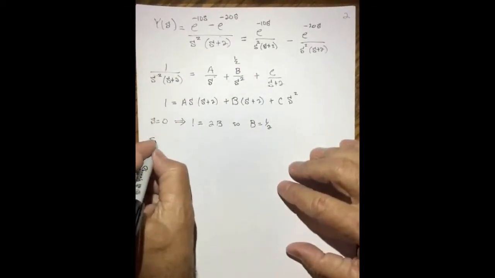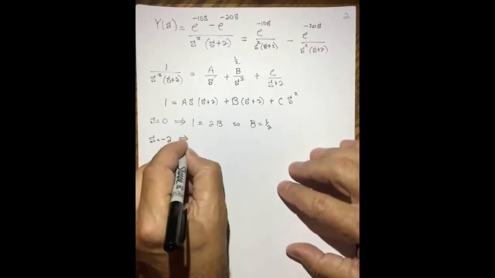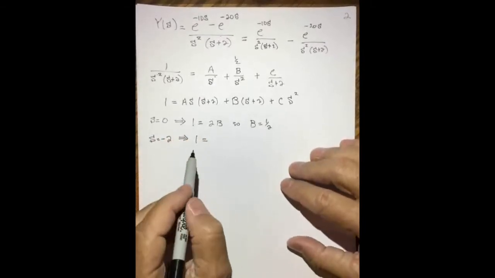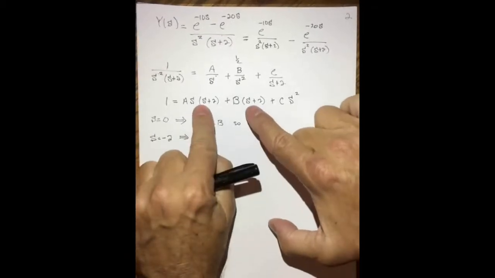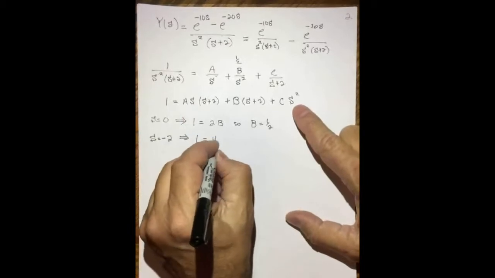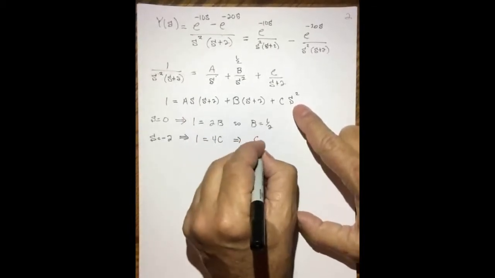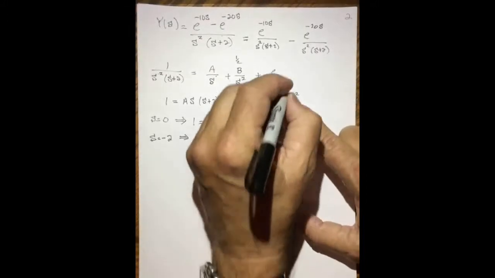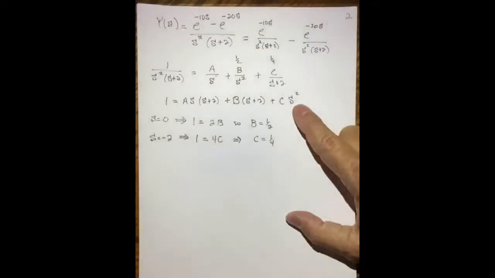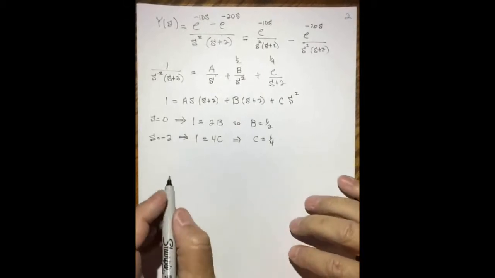Okay, now let s equal minus 2. I've got 1 equals, now if s is minus 2, these two terms are 0. Now minus 2 squared is 4, so that's going to be a 4C. And that then means that C is 1/4. All right? That should be routine. You should be able to roll through that pretty quick.